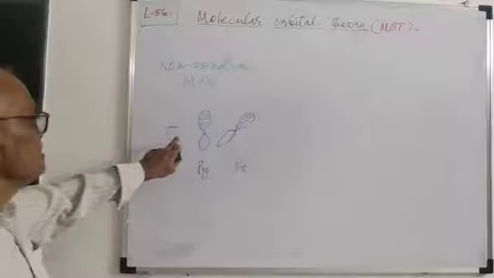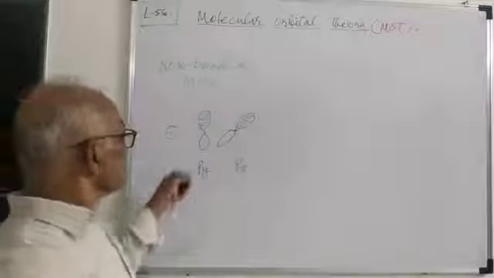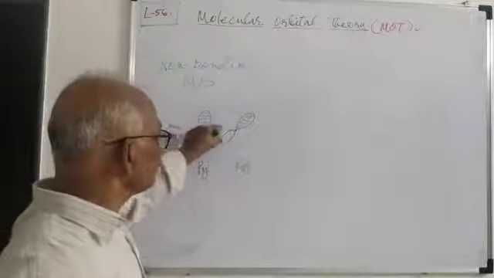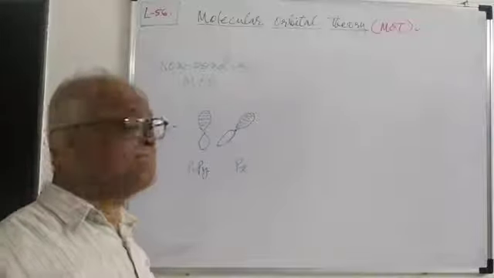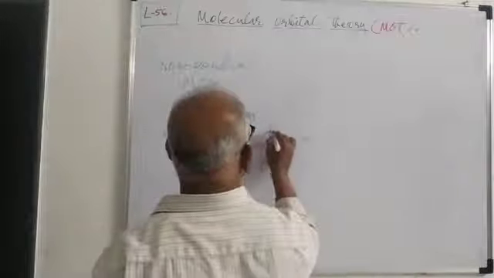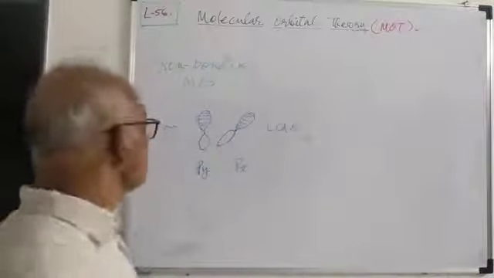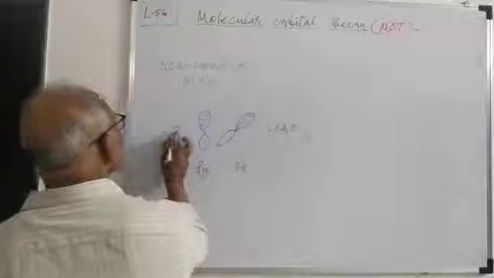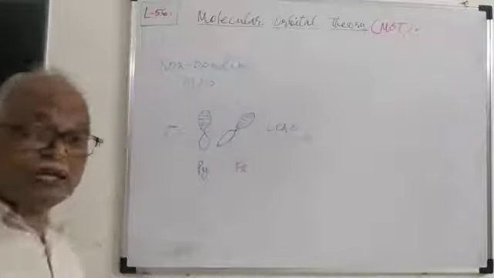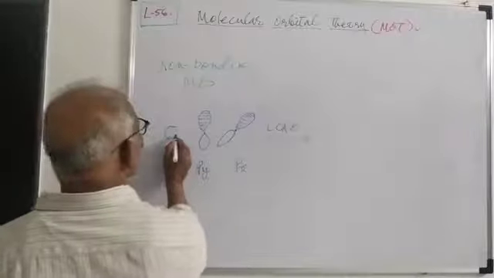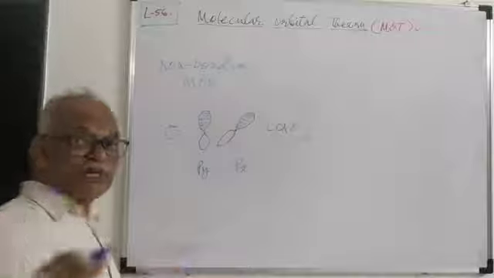We can choose this and this, or this and this orbital. If these two orbitals come together in the direction of the bonding axis, that is a linear combination of orbitals, but there is no appreciable extent of overlap. Further, this minus and this minus overlap takes place to a small extent. Similarly, this plus and this plus overlap also takes place.